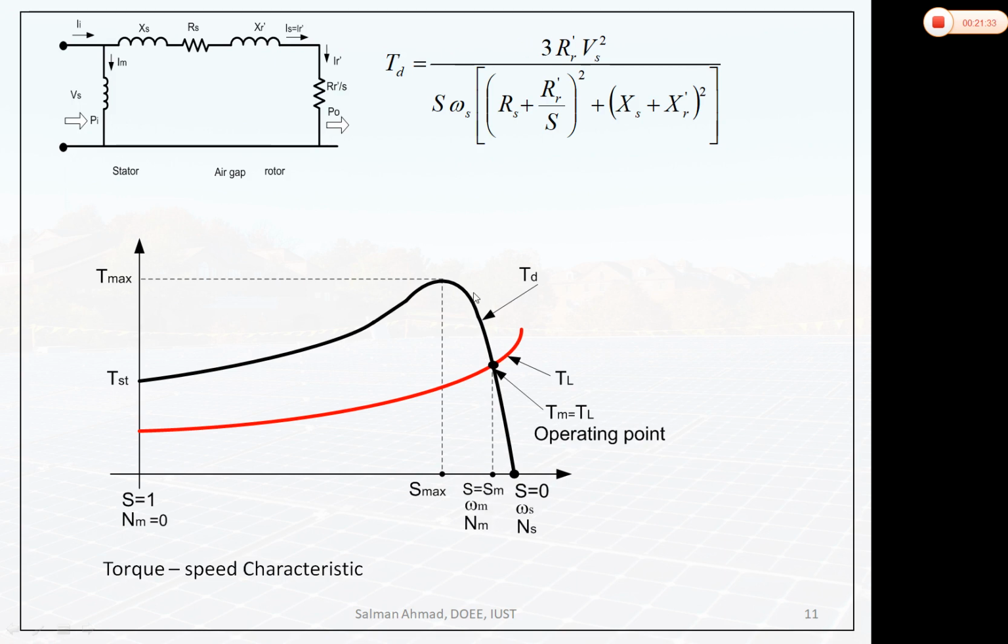Motors are normally operated in this region in motoring mode, so slip should be low and efficiency should be high. If slip is 0, as we go this side the slip will increase and become 1. Once slip becomes 1, speed will become 0.